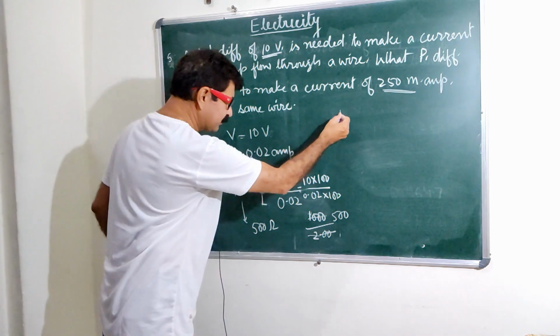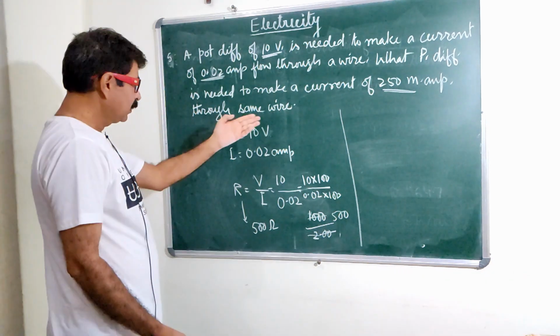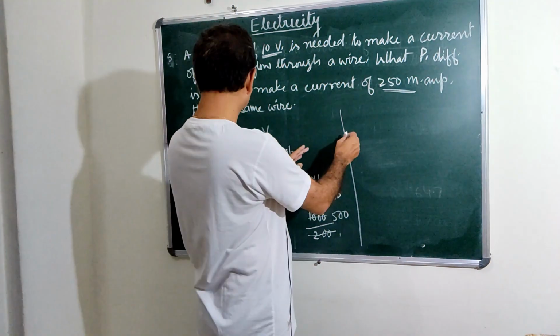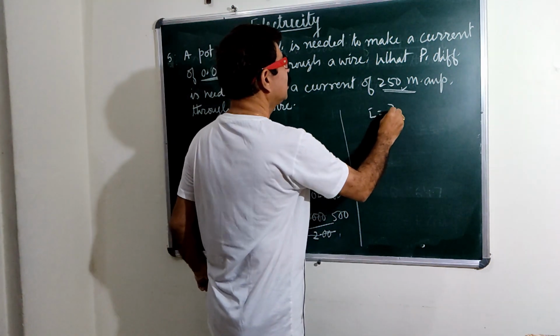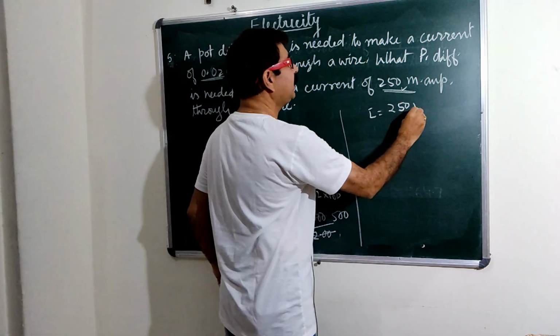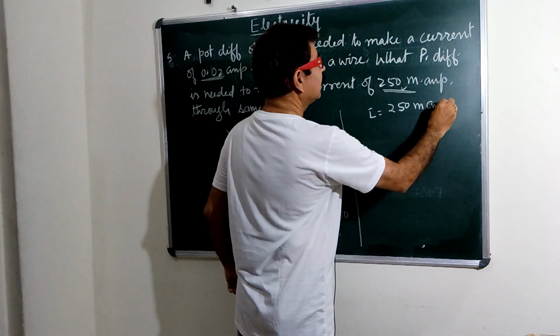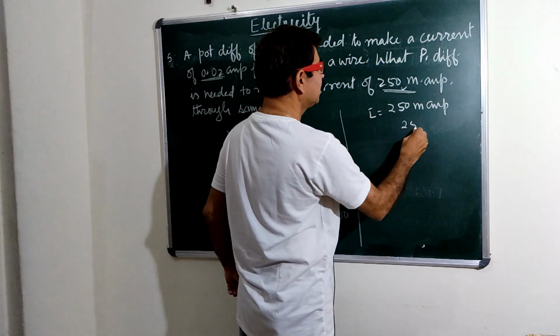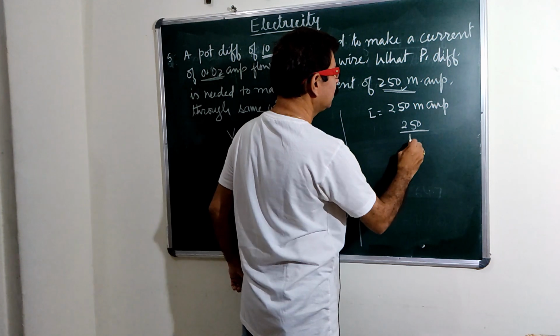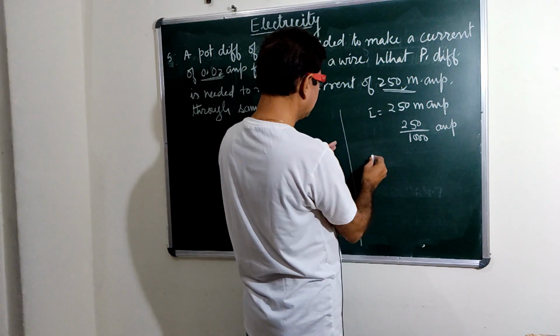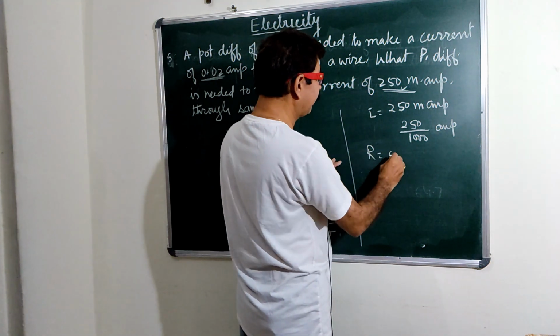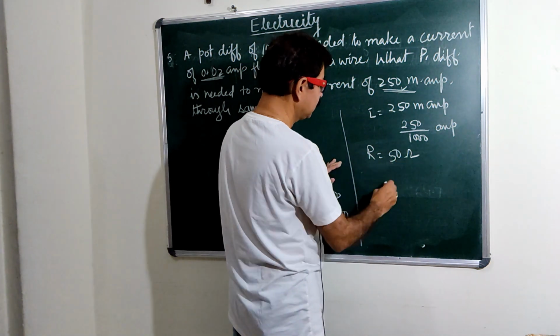Now put this value here. Now what is here? This is I. I is given how much? 250 milliampere. इसको कन्वर्ट कर दिया, इट इज 250 अपॉन 1000 एम्पियर. रेजिस्टेंस इज गिवन 500 ohms.